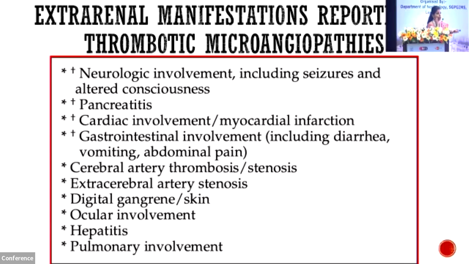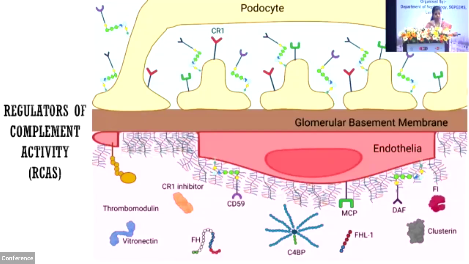So just going by clinical scenario and distinguishing all these variants is difficult. So you need something more than clinical, right? This is just to tell you, now we will concentrate, the next set of slides will be on atypical HUS. And after that, I'll take you briefly through the other types of TMA.